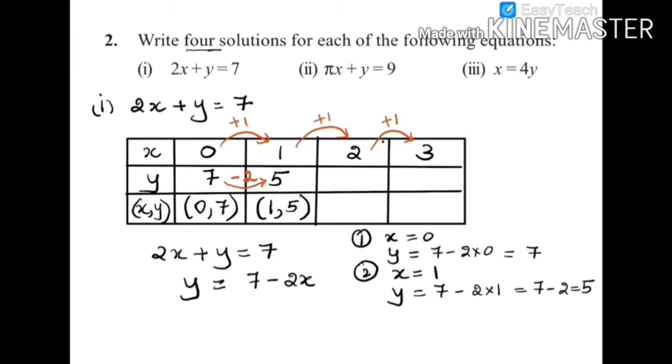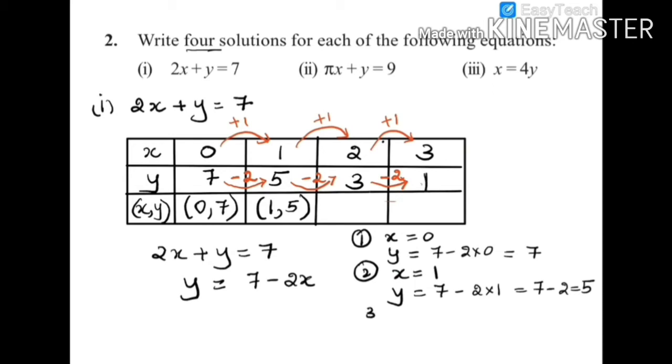So can you guess what will be the next number over here? It should be 5 minus 2, and that is 3. Similarly, you can write down the fourth corresponding value of y by subtracting 2 from the previous value of y. So that is equal to 1.